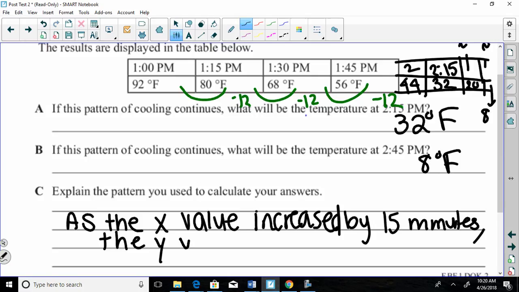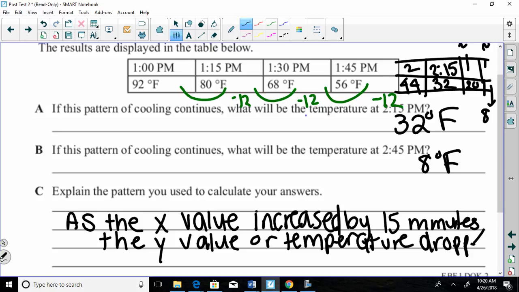The y value for temperature dropped 12 degrees. And then it says explain the pattern you use. That would be the pattern. That's it. Does that make sense? All right, one more.